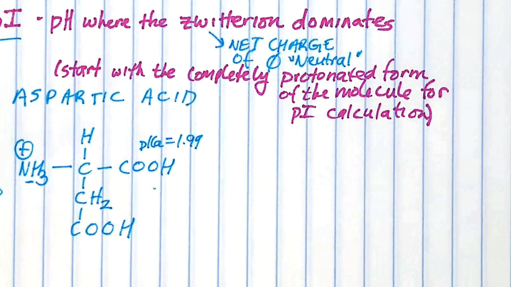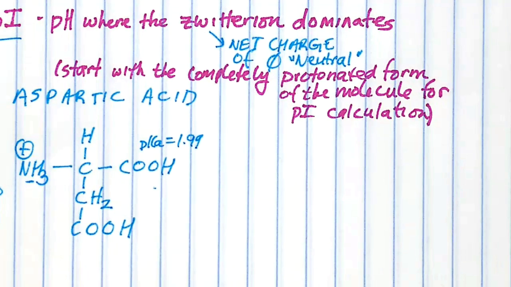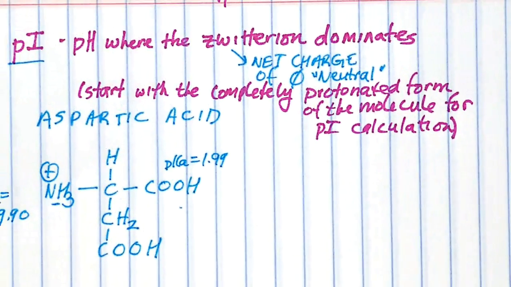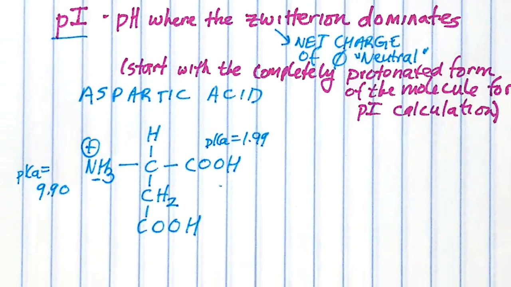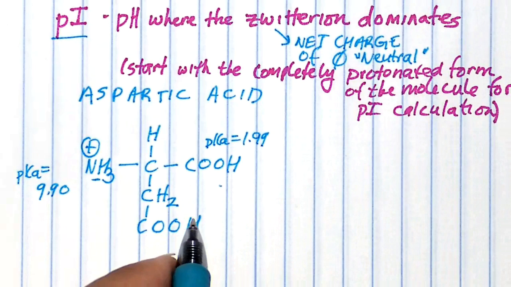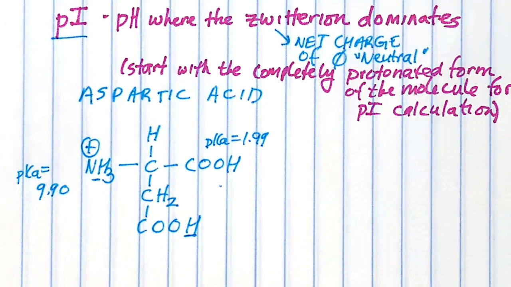Actually, it's an exact value of 1.99. And then, that's not all, because the side chain of aspartic acid also has an ionizable proton. And when I consulted my notes, that one is about 3.90.